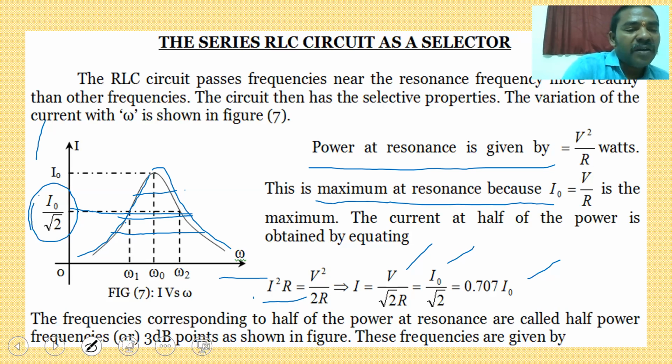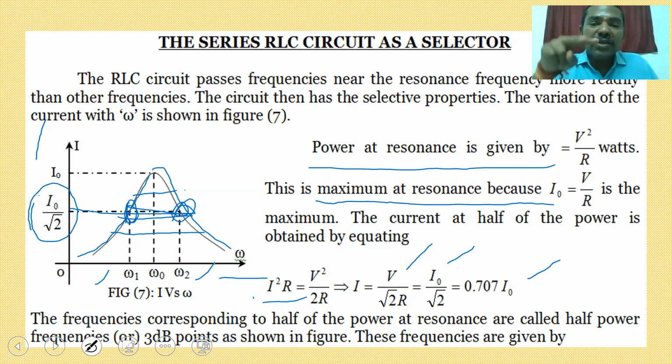At 0.707 I naught we are getting 2 points. One point is omega 1, one point is omega 2. These 2 points you can call half power frequencies. W1 is the lower half power frequency, W2 is the upper half power frequency.